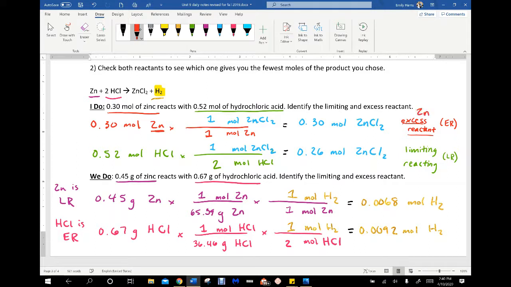So technically I should add in zinc and say that zinc is the limiting reactant and that hydrochloric acid is the excess reactant. These values down here are for the product. So this would be our excess reactant and this would be our limiting reactant. So we just need to make sure we're labeling the correct part there.